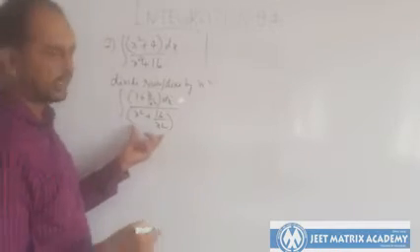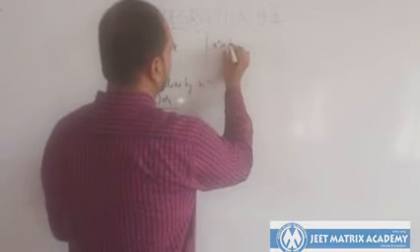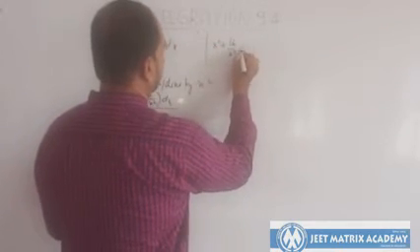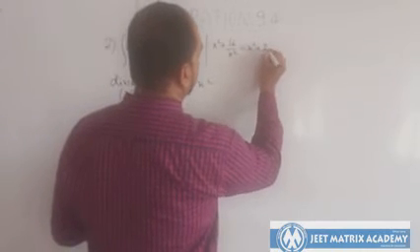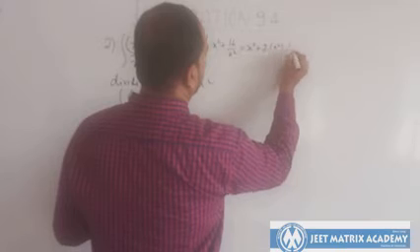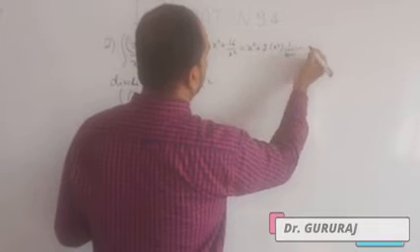Now take the denominator and try to put it in full square format. What you can write is x square plus 2 into x square into 4 by x square.